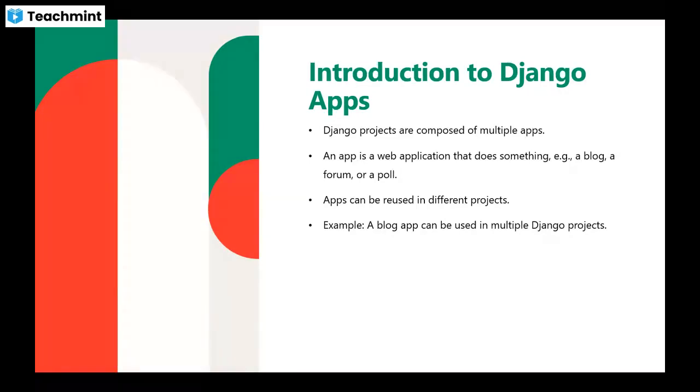For example, if you take an application like Instagram, we'll have different types of features. To handle login, logout, registration, you will separate all that code into a separate app like authentication. In Instagram you will post your photos and videos, so to handle posting, liking, commenting, you will separate all that code into a separate app like blog.